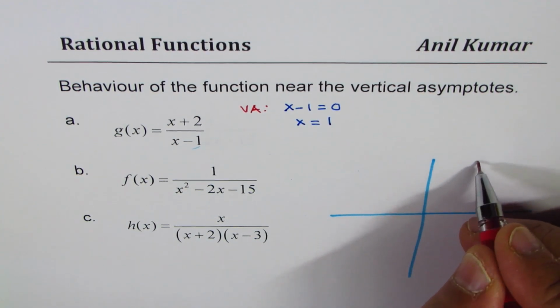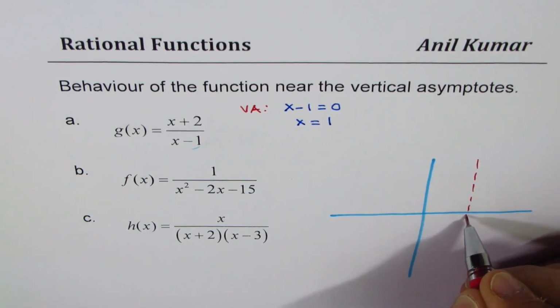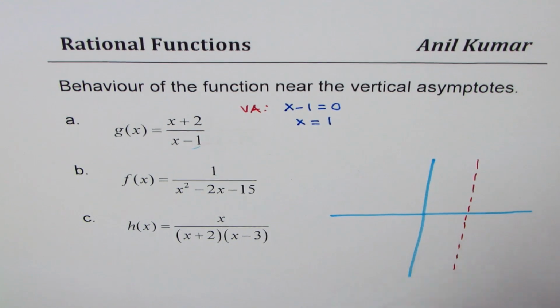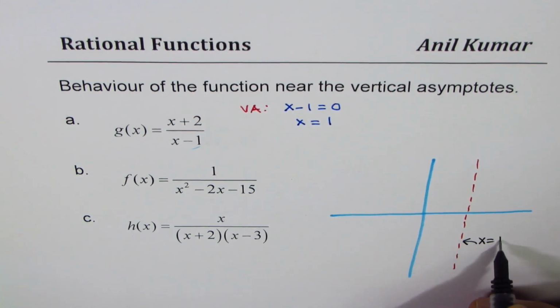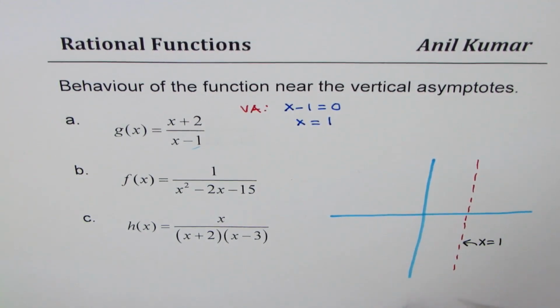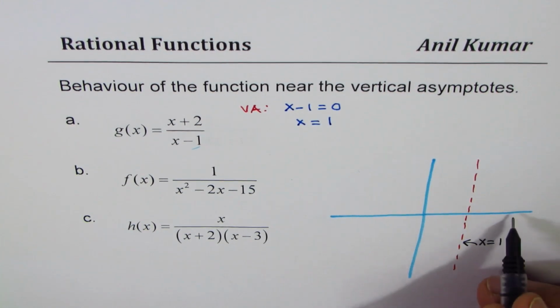So let us sketch it here. Let's say this is the vertical asymptote at x equals 1. So the equation of this line is x equals 1. It goes through x equals 1.